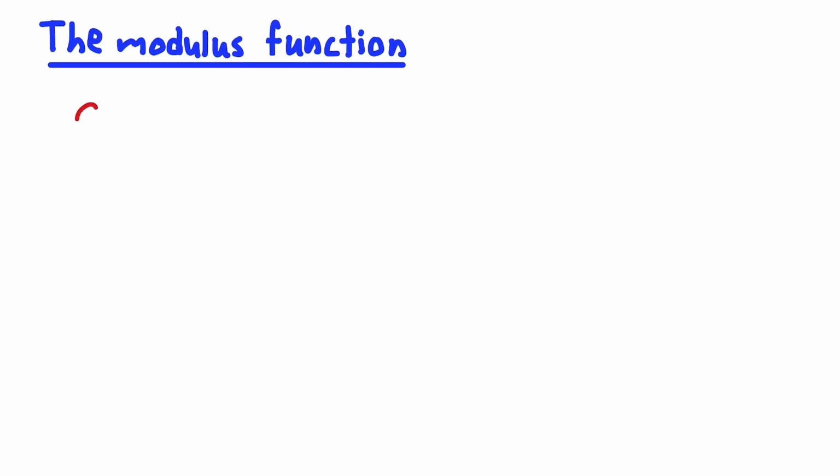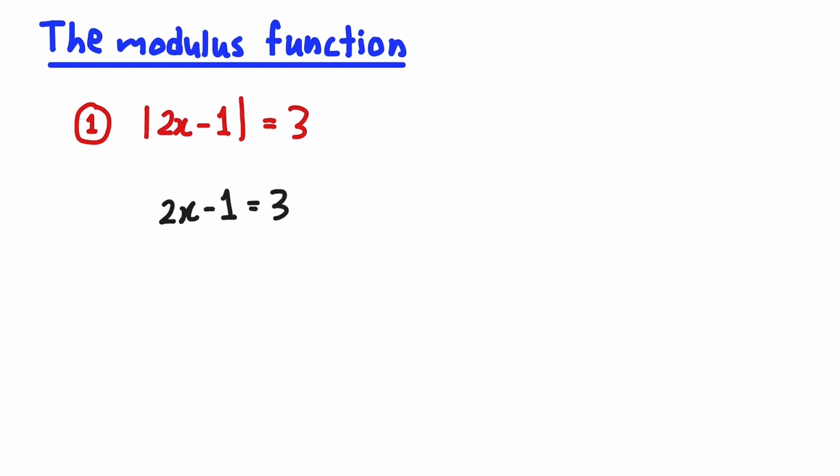So that is the first method of working out the value of a modulus function. For example, take the modulus of 2x minus 1 equals 3, and we write it as 2x minus 1 equals 3, and then we solve for x, and 2x minus 1 could also equal negative 3.